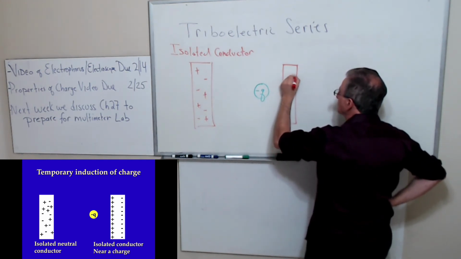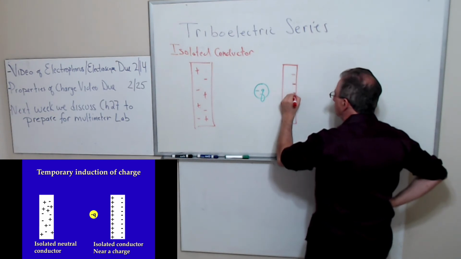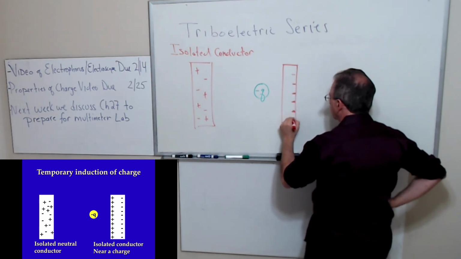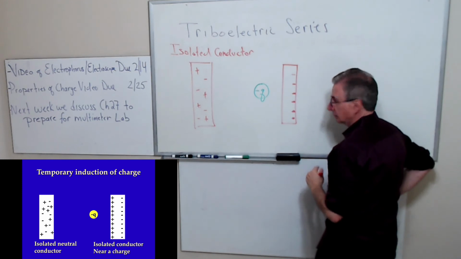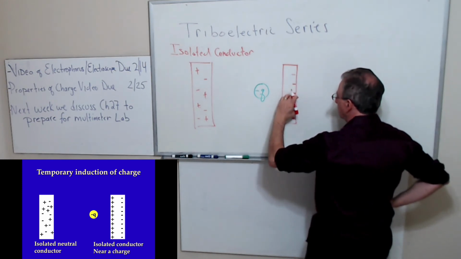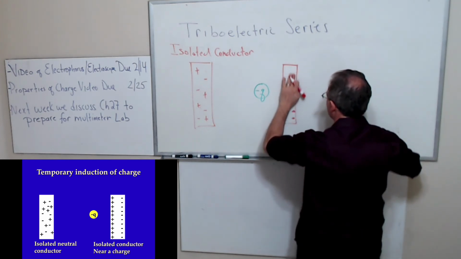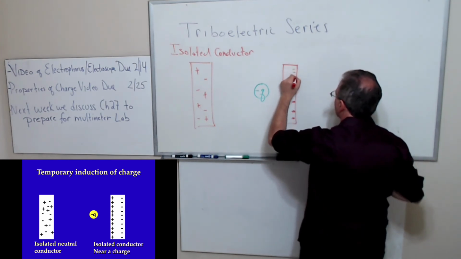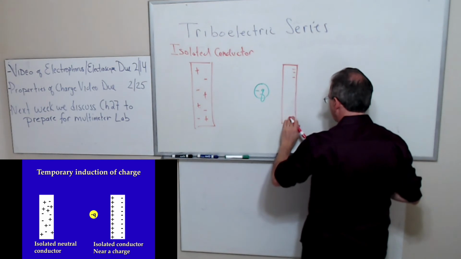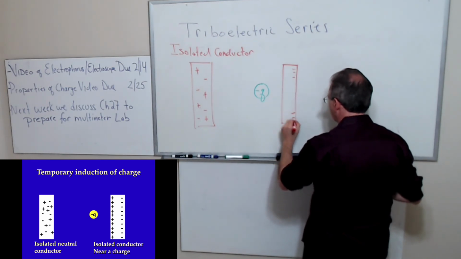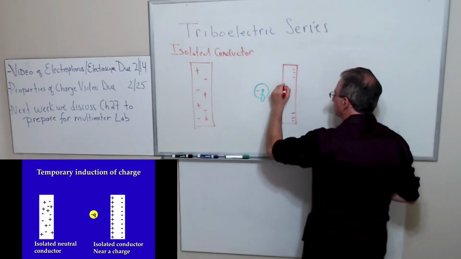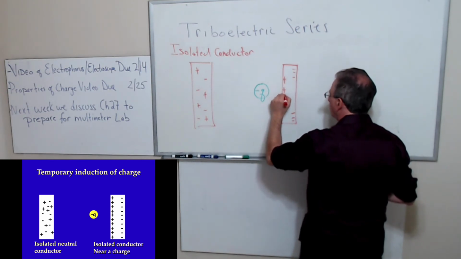And again, I'm exaggerating this effect in my picture. These probably would be more bunched, more like this. But I think you get the picture. And then you'd have a lot of positive charge here.